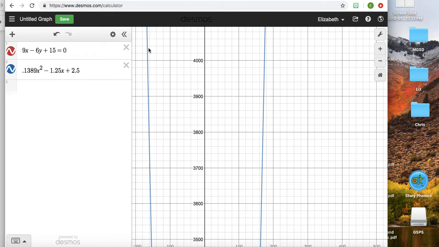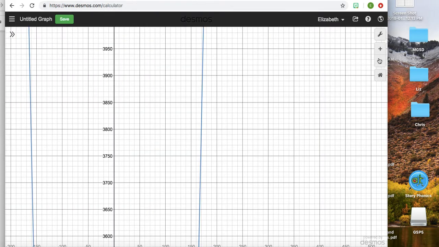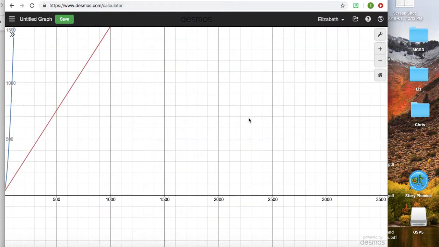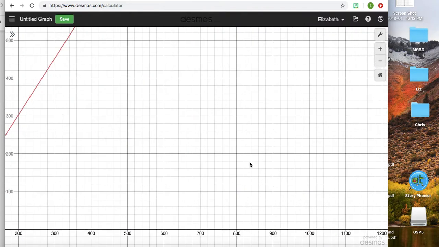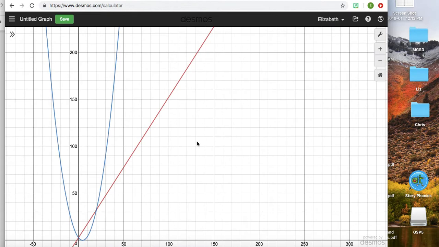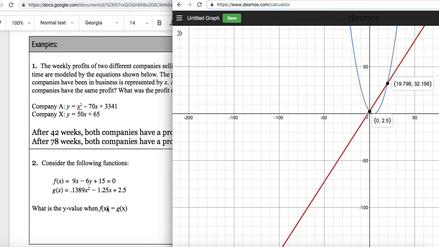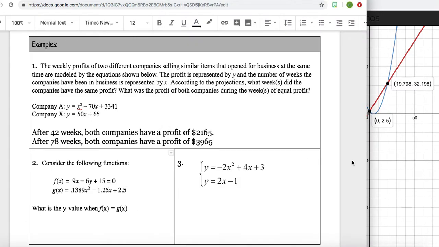So let's take a look, now that we've typed it in, at what we have on our graph. So now I can see both of them, and I can zoom in here and see that it touches 2 times. Click until it leaves that point on your screen so you make sure you're in the right spot. Sometimes you get close, but you want to be just right.